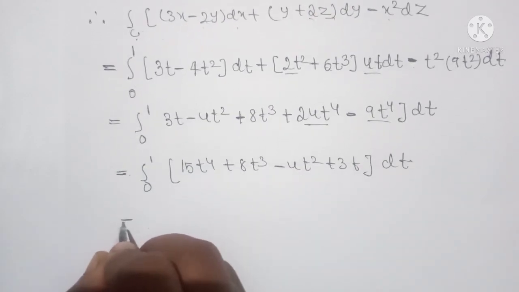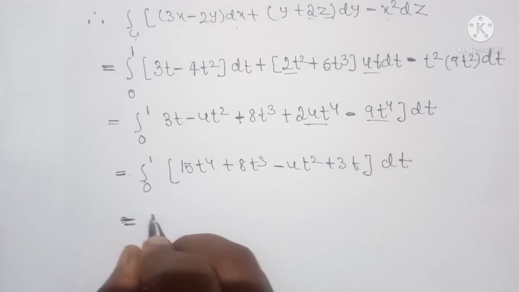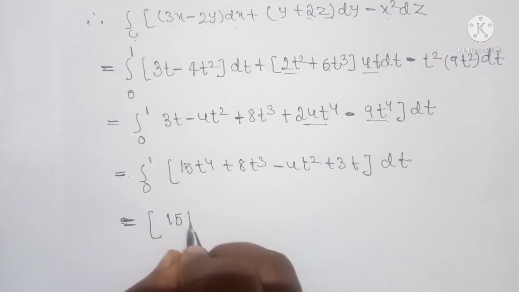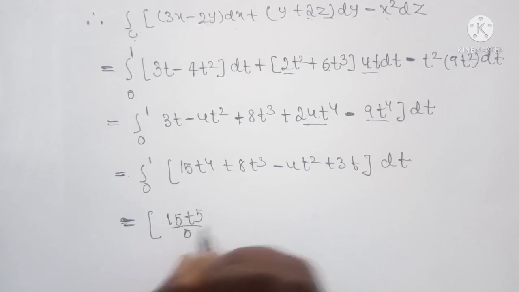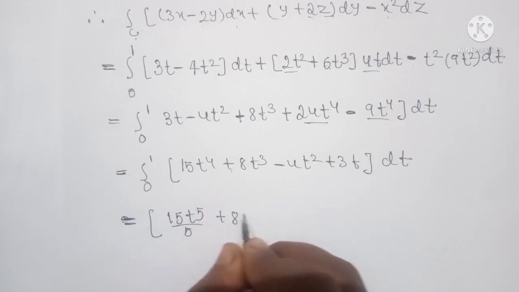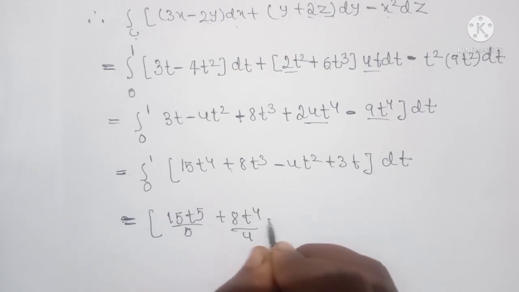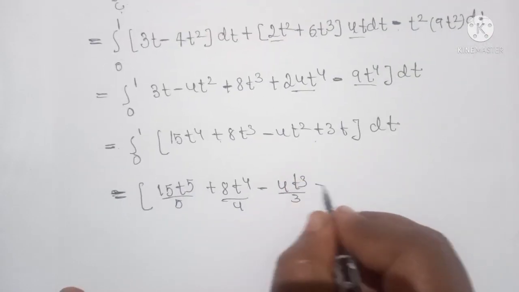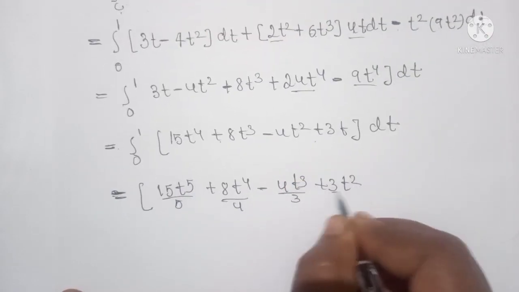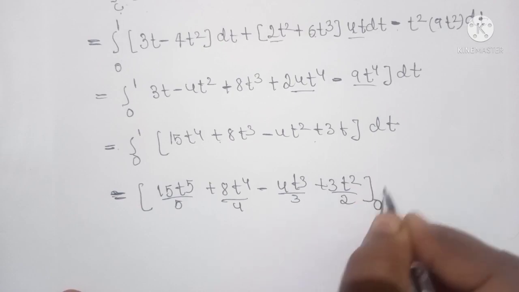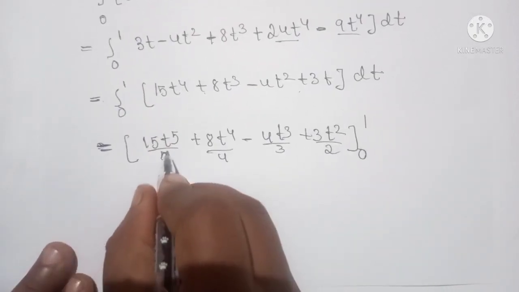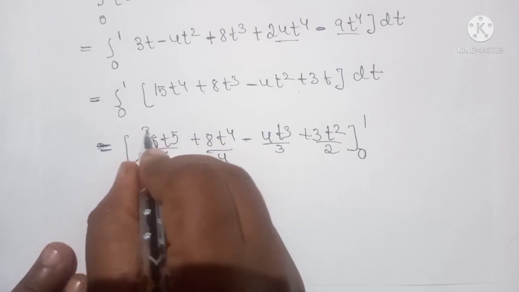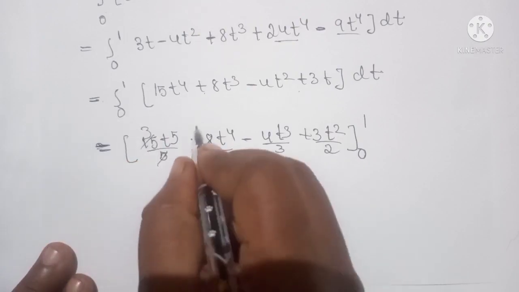Now integrating this one we get 15t power 5 divided by 5, plus 8t power 4 by 4, minus 4t cube by 3, plus 3t square divided by 2, and the limits are 0 to 1. So here we can cancel this one, even this one also.